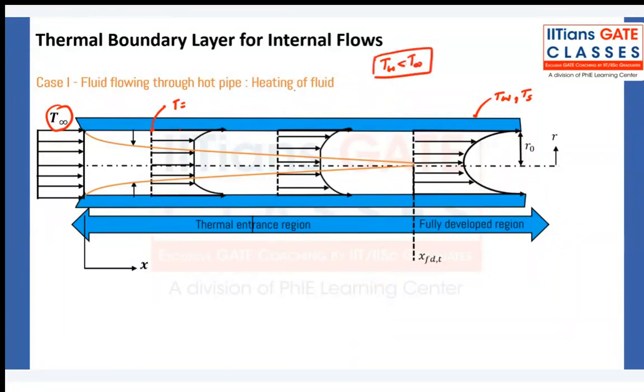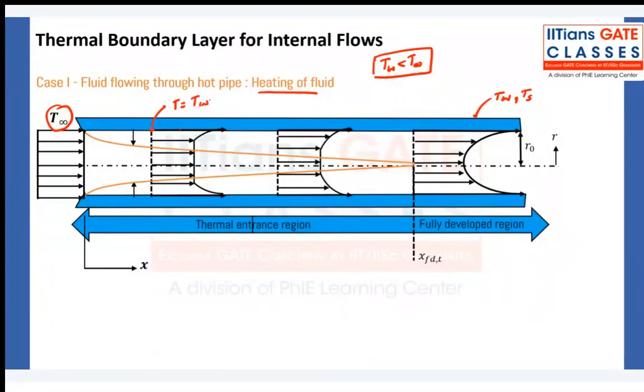So the fluid is taking heat from the wall. Your pipe is maintained at a higher temperature. So what is the temperature at the surface? Yes, it will be equal to TW, the wall temperature. Of course, it will be slightly less, but we can assume it is TW.